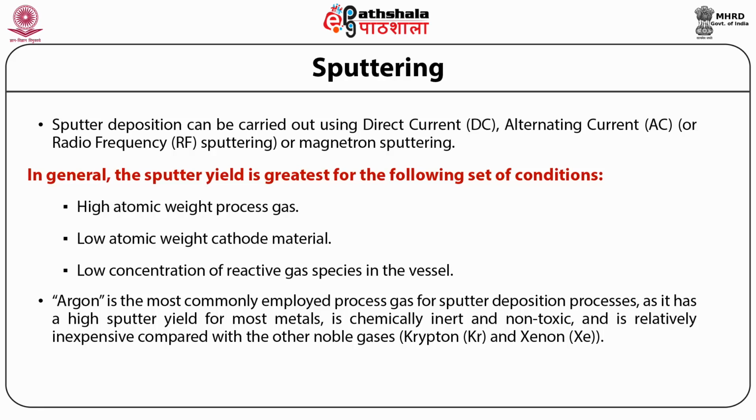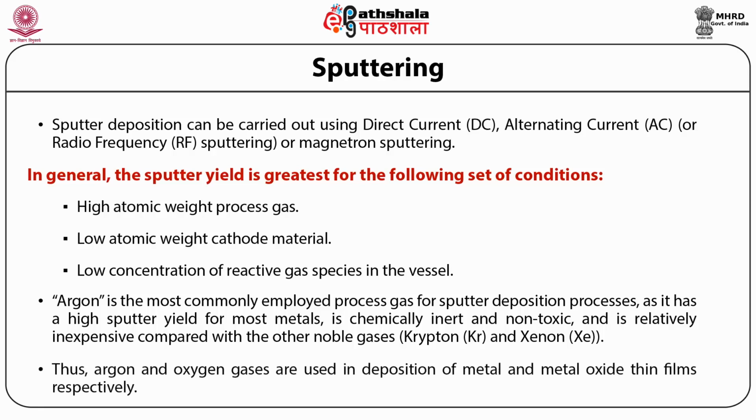On the other hand, oxygen gas is known to react chemically with metals, forming metal oxides easily. Thus, argon and oxygen gases are used in deposition of metals and metal oxide thin films respectively.